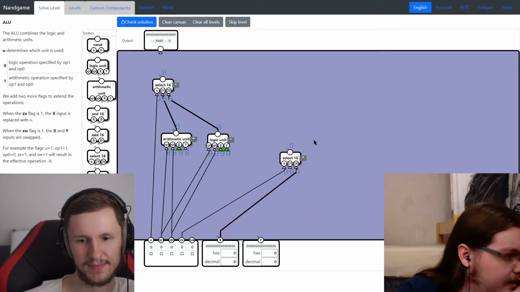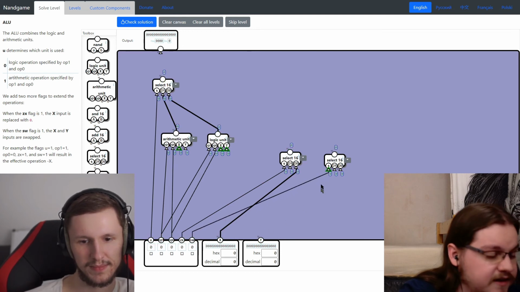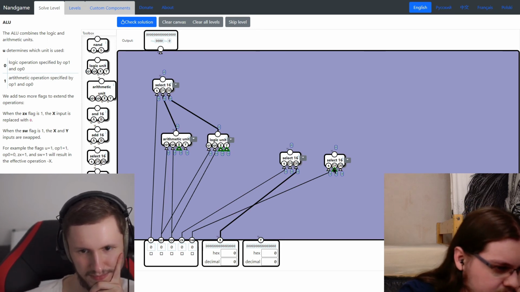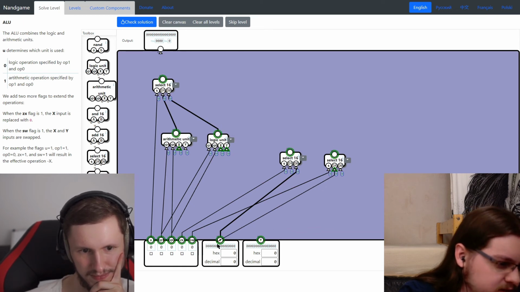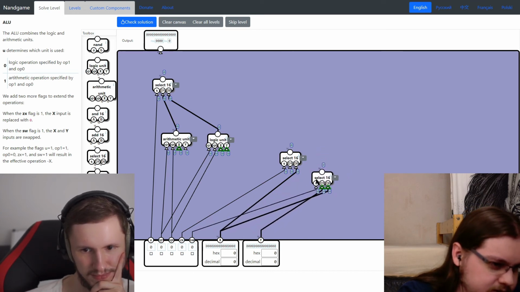And then if SW is 1, X and Y are swapped, which means another selector. It's SW for swap, and ZX for zero X. They're both swap, which is annoying because if it's 1, it outputs Y, 0 it outputs X, and then I need one that's the other way around.